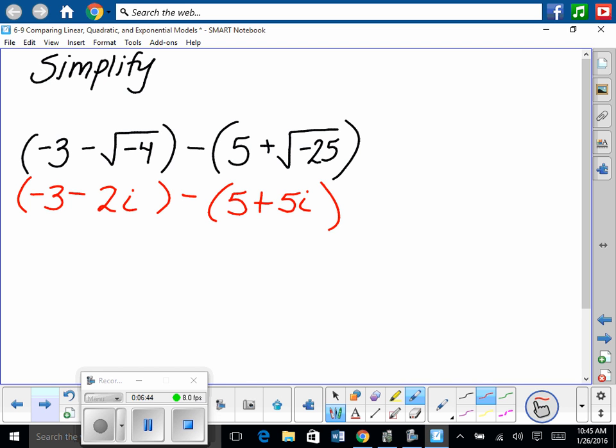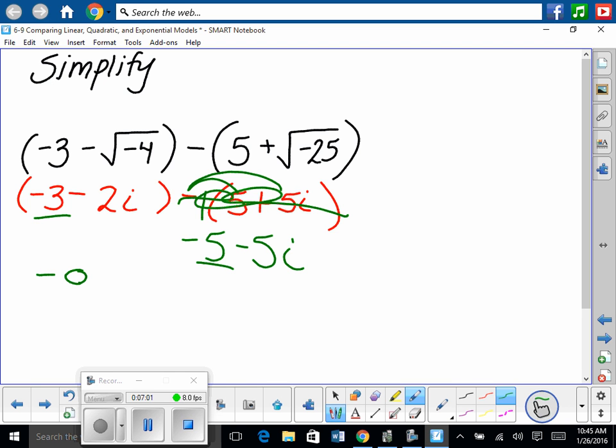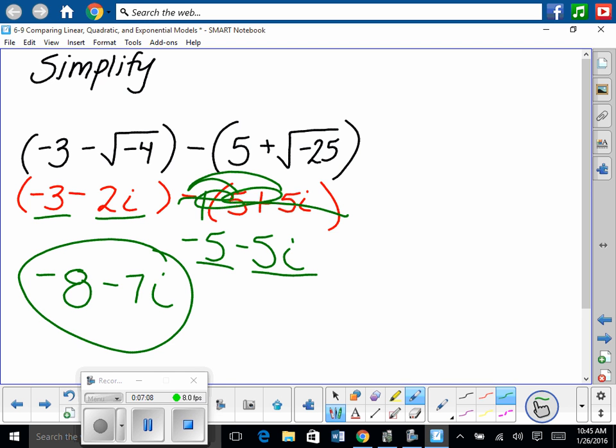It's subtraction. So I like to say that negative 1 is really negative 5, and that's really negative 5i. Now don't double dip. That negative is gone. We just erased this whole thing. Now you just combine like terms. Negative 3 plus negative 5 is negative 8, and negative 2i plus negative 5i is negative 7i. Questions on that from yesterday?